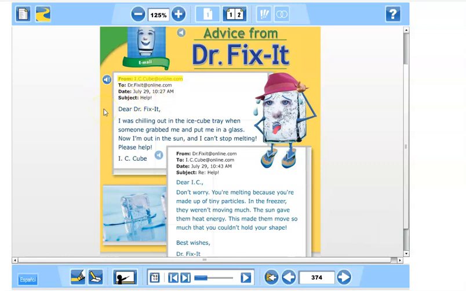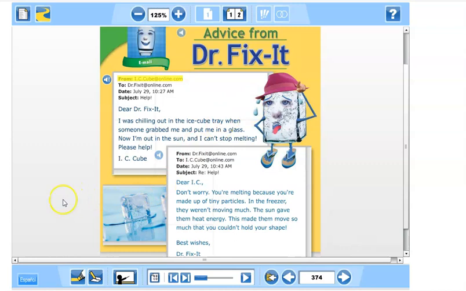Dear Dr. Fixit, I was chilling out in the ice cube tray when someone grabbed me and put me in a glass. Now I'm out in the sun and I can't stop melting. Please help, Icy Cube. And you can see there's the ice cube right there, and he's melting.